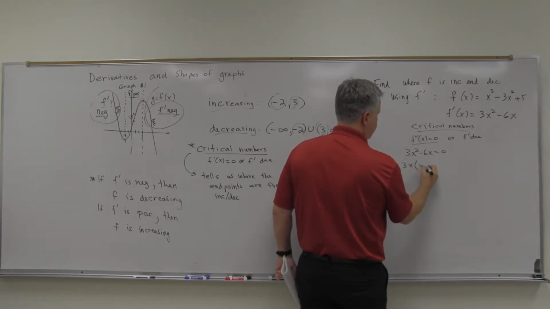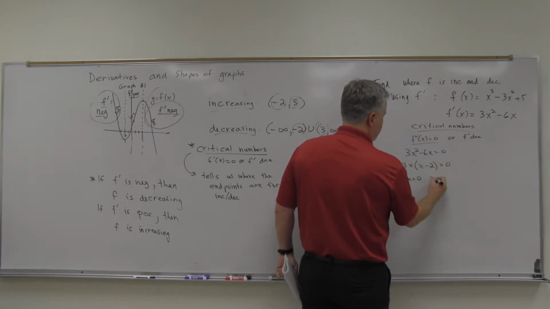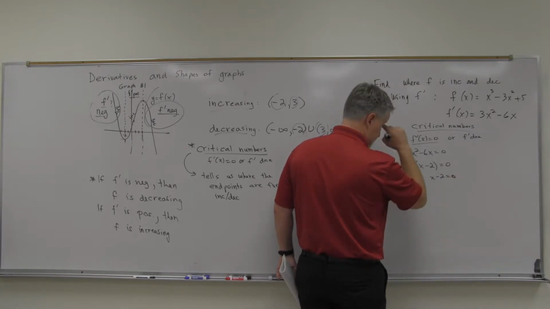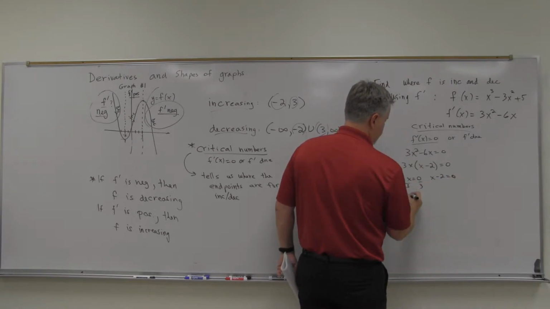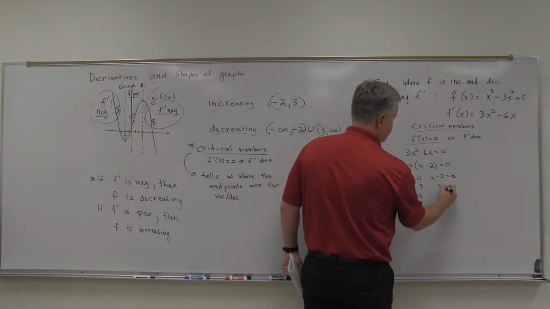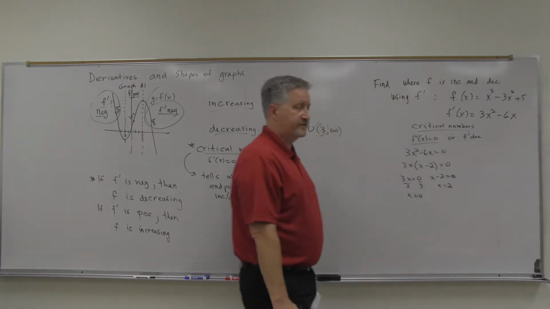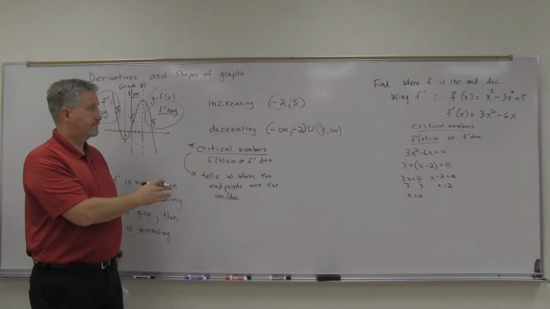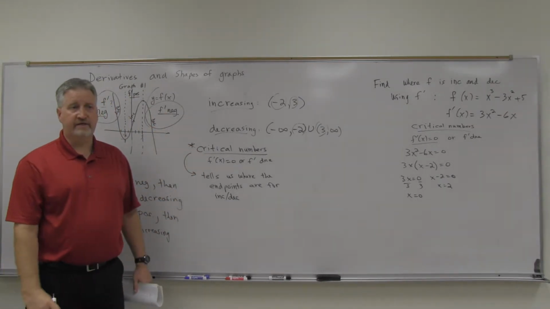Factor off 3x, we get 3x times x minus 2. So that's x equals 0, and then x equals 2. Those are my critical numbers, okay? So those are going to turn into the endpoints of these where it's increasing and decreasing.